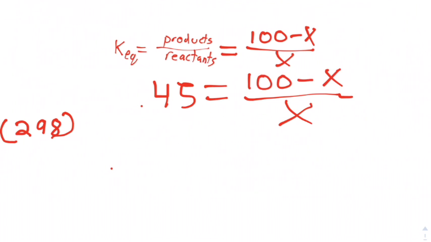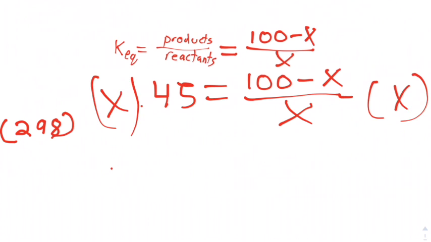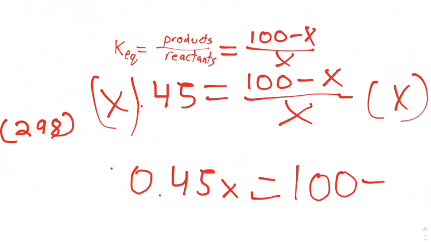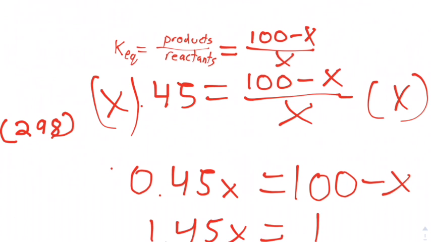So let's see, we multiply across, x by this side, x by this side, and we get 0.45x equals 100 minus x. Now we can put our x's together and we get 1.45x equals 100.